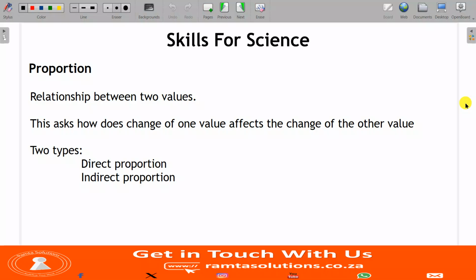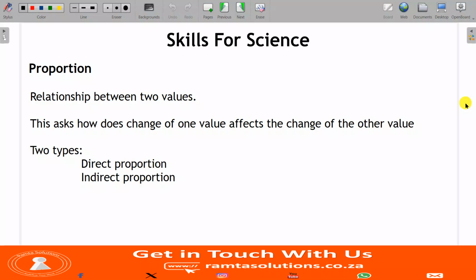This is what we will be looking at when we look at proportion. You will see this a lot with your experiments. The results that you are getting from your experiments will tell you whether the things you are comparing are directly proportional or indirectly proportional.